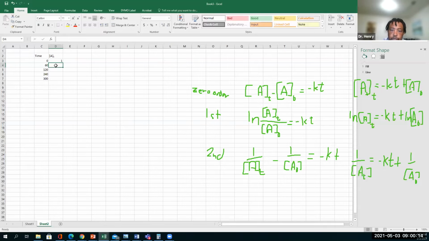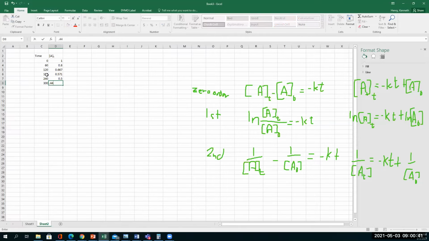This is 0.8. 0.667. And that's 0.571, and this is 0.5, and this is 0.44.